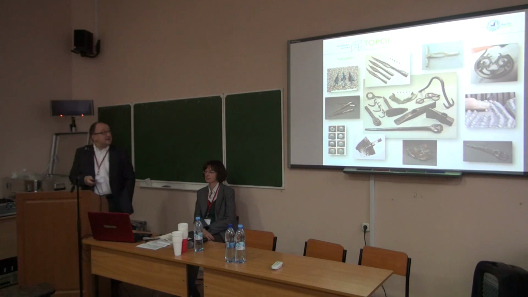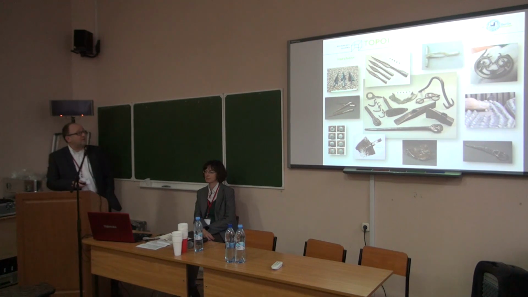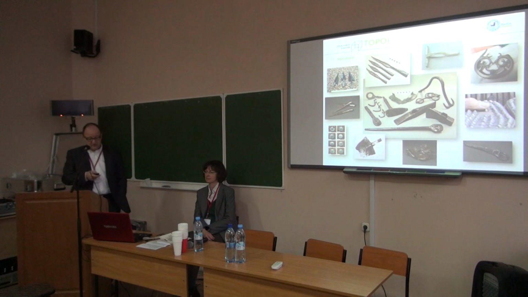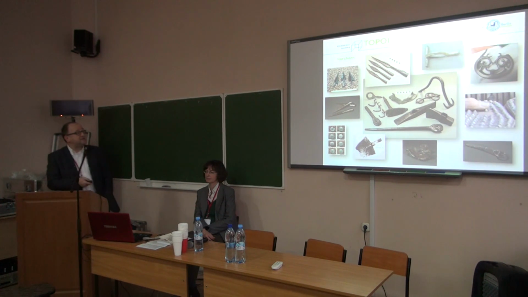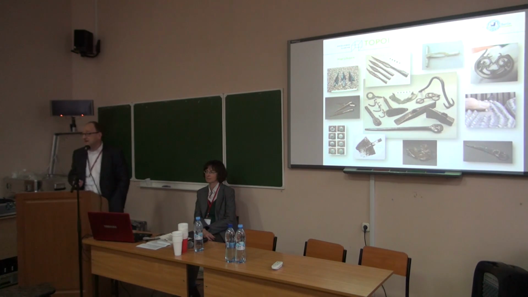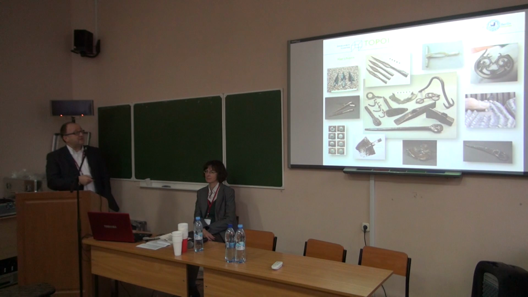So the second site I want to talk about shortly is the battlefield of the Harzhorn. I just show you a variety of the finds made. So it's lots of weapons, lots of projectiles mainly that are found, but it's also personal equipment. It's lots and lots of shoe nails.